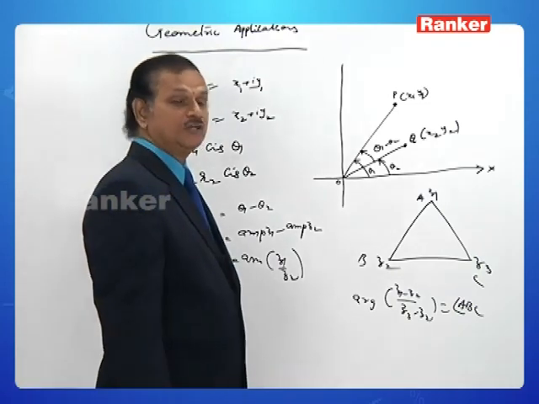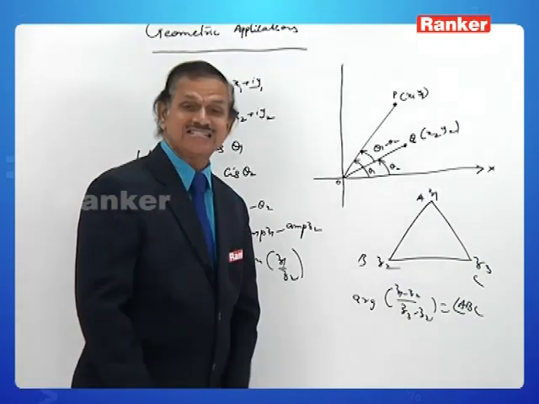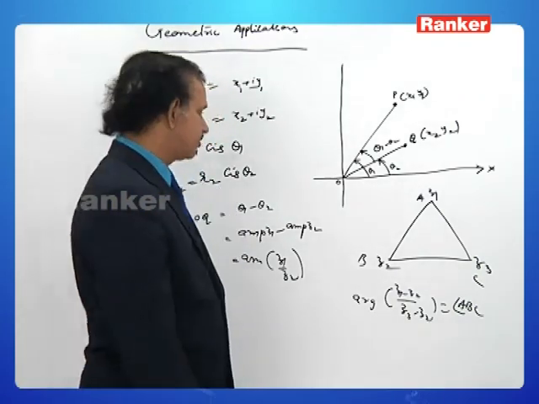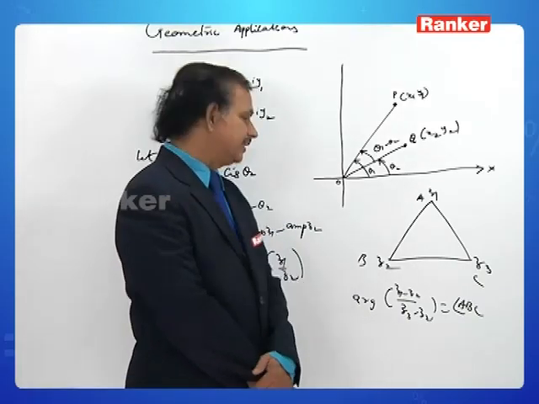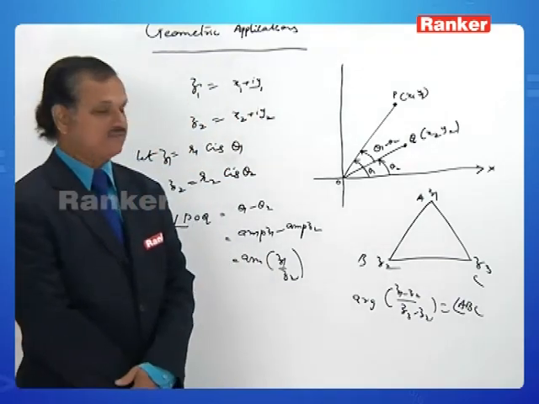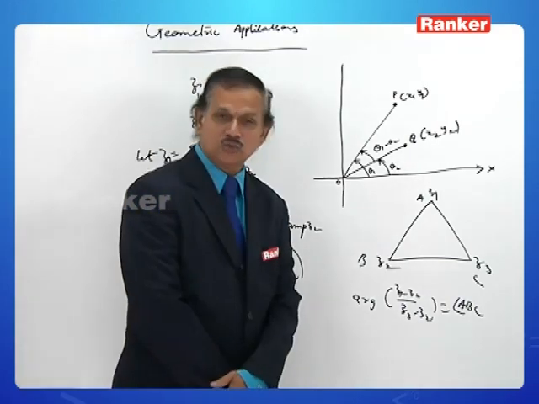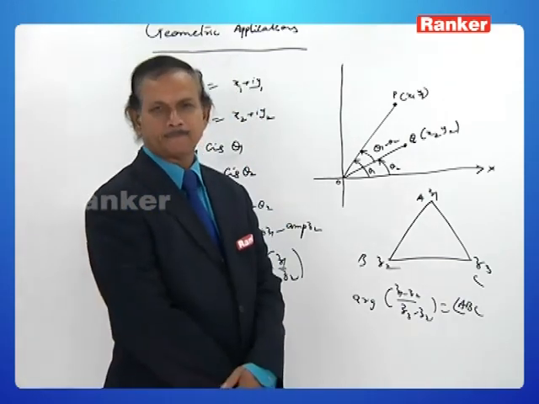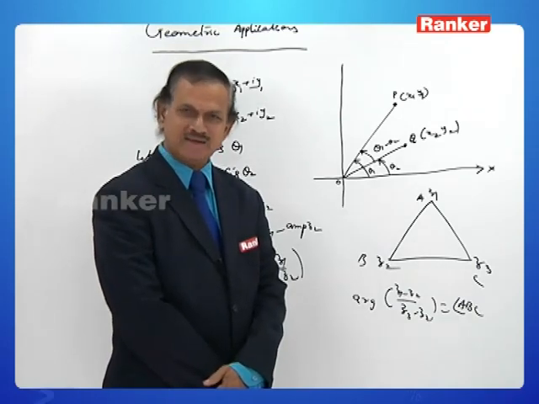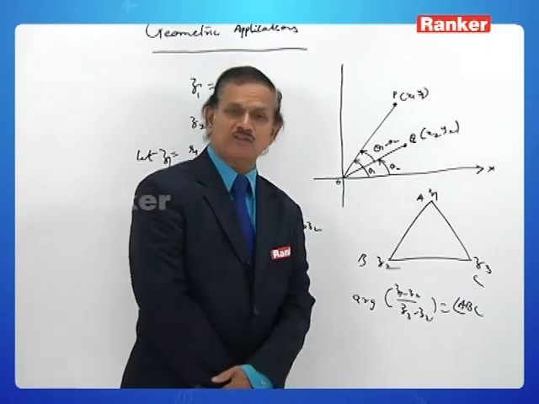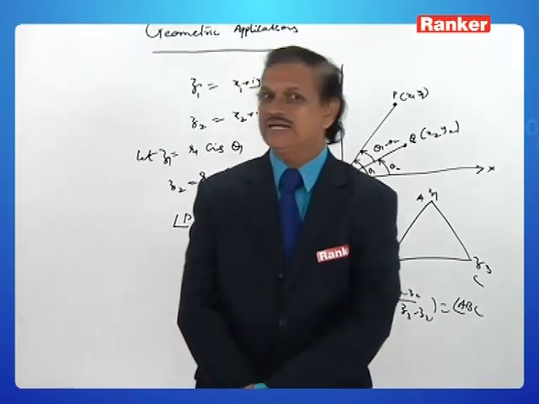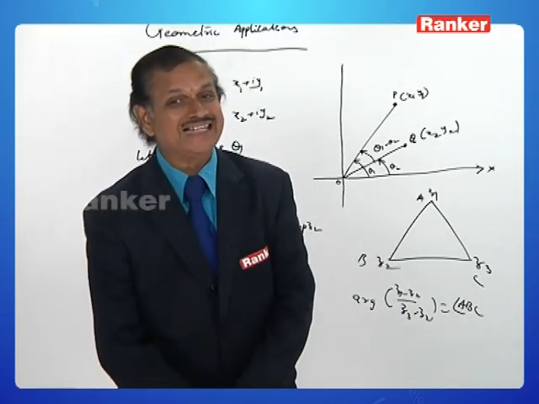Suppose you are given an equilateral triangle, say. If Z1, Z2, Z3 are the vertices of an equilateral triangle, then what can you say about the argument of Z1 minus Z2 by Z3 minus Z2? Pi by 3. Like that we will be having. Suppose Z1, Z2, Z3 are vertices of a right angled triangle with the right angle at Z2.